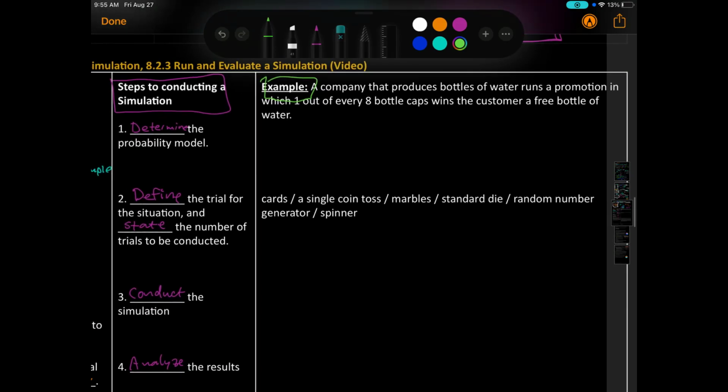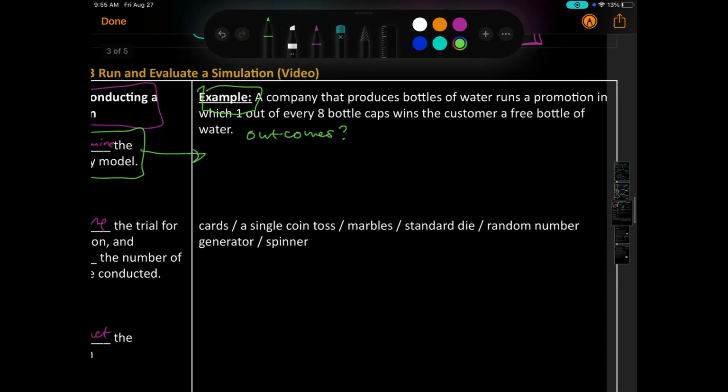Okay, and so basically what we're going to do is we're going to determine the probability model here. So the question you might want to think about is, what are the outcomes? So you open the cap and you either win or lose. So there's 2 outcomes, 2 totals, right?